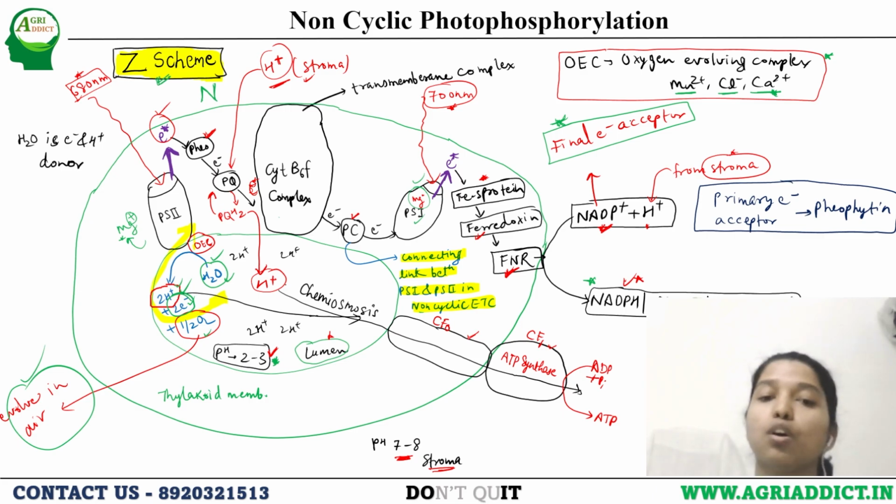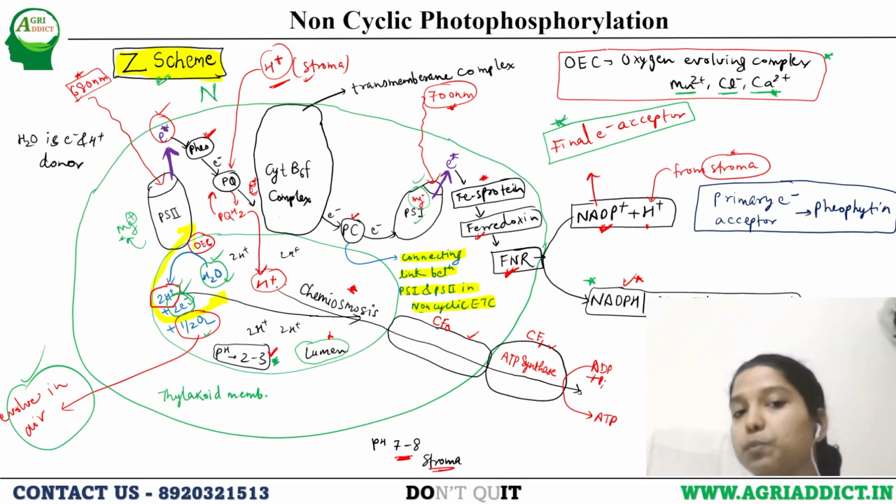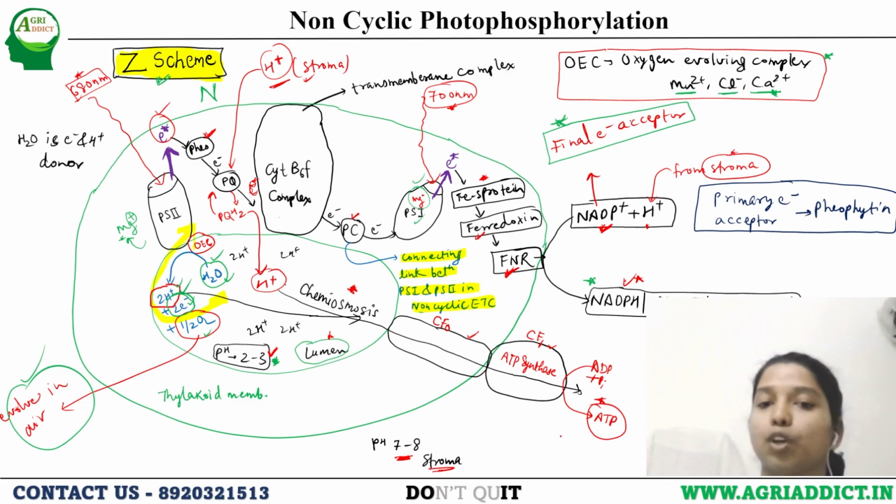So for chemiosmosis to take place, this concentration gradient of H plus is required. When H plus goes out, only then will this ATP synthase be able to form this ATP. I hope you have understood this.